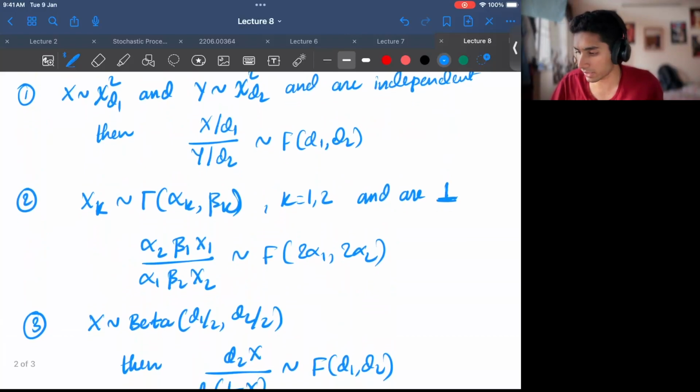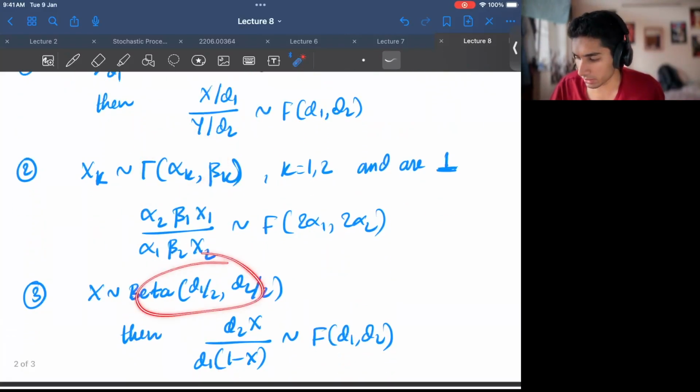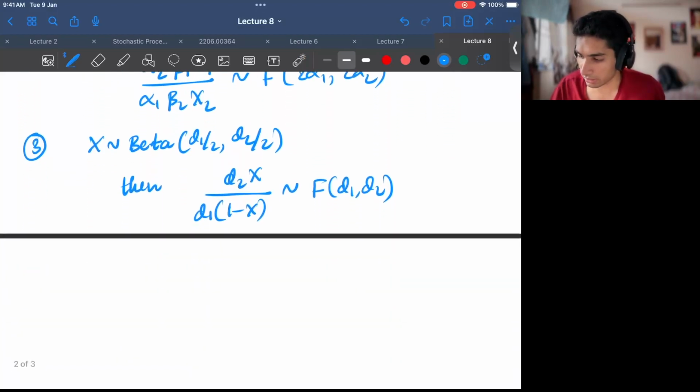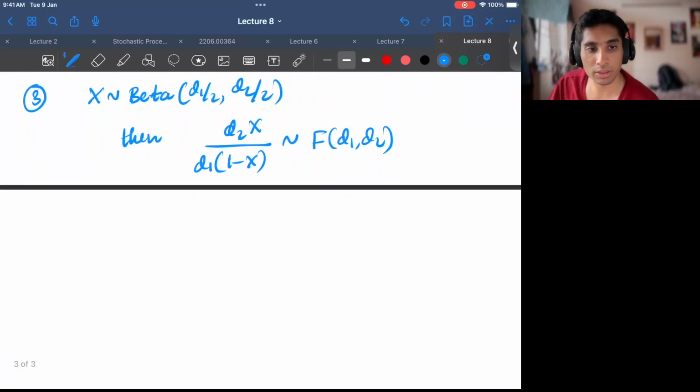So you can see that you can construct this random variable from other simple random variables: chi-square, gamma, beta. These are some properties that it's good to remember.